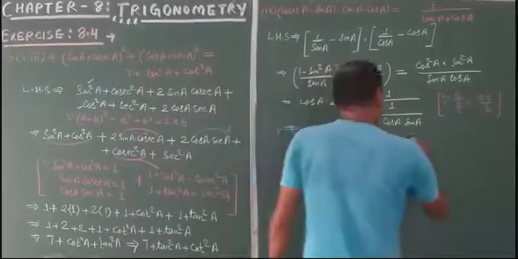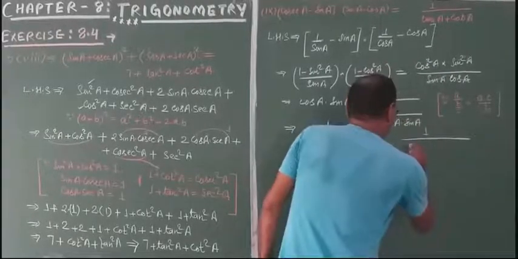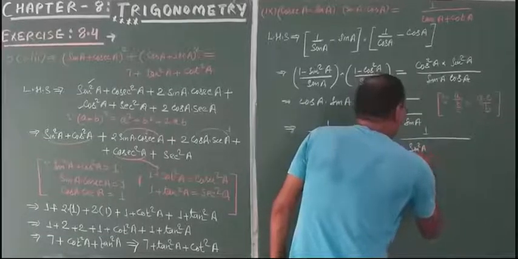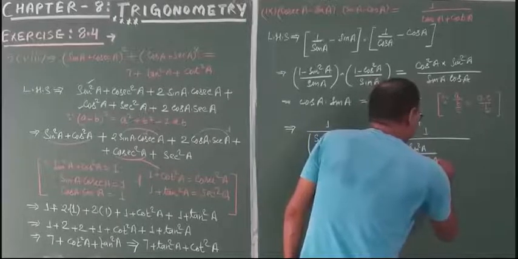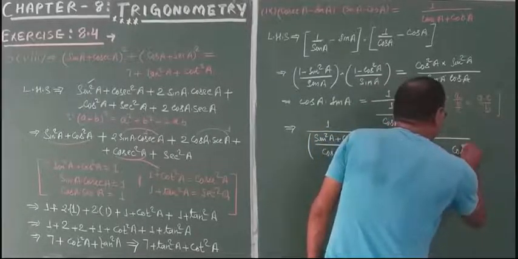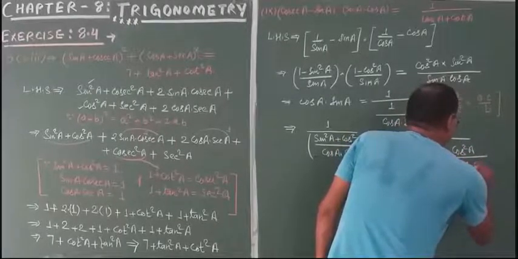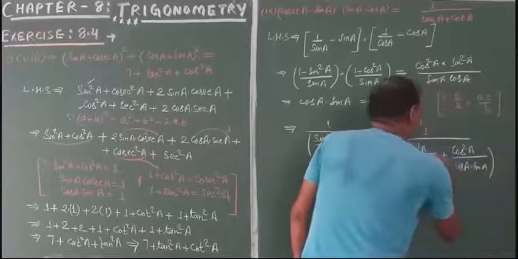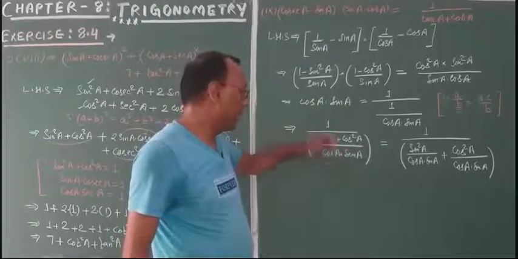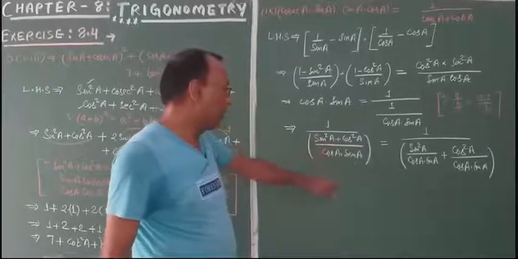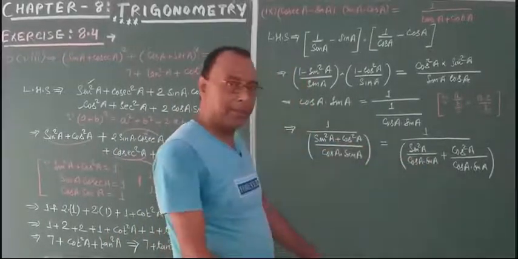So what will be here? 1 upon sin square A upon cos A into sin A plus cos square A upon cos A into sin A. This sin square A plus cos square A upon sin A cos A can be written as sin square A upon cos A sin A plus cos square A upon cos A sin A.